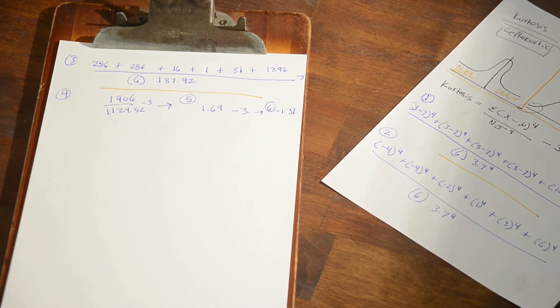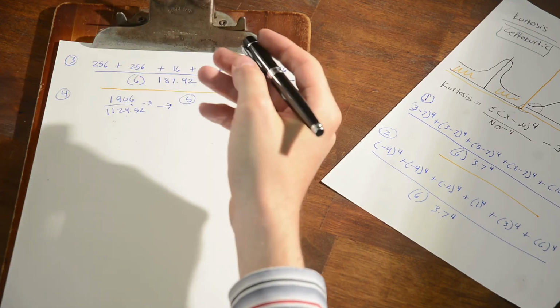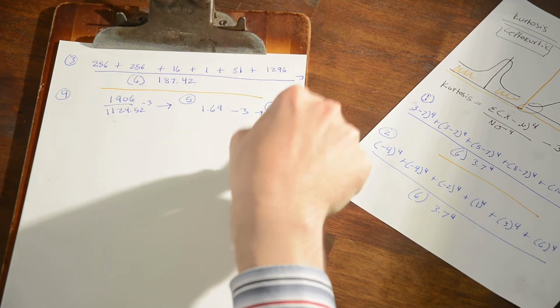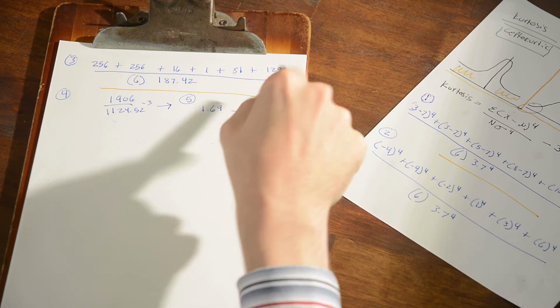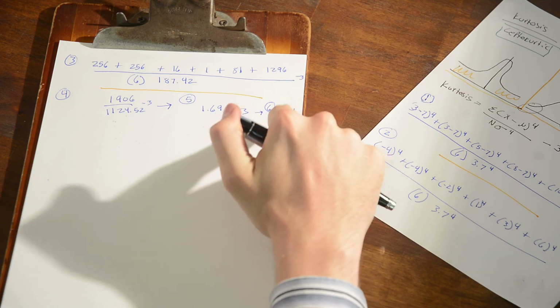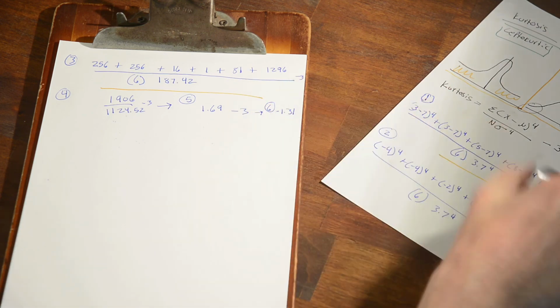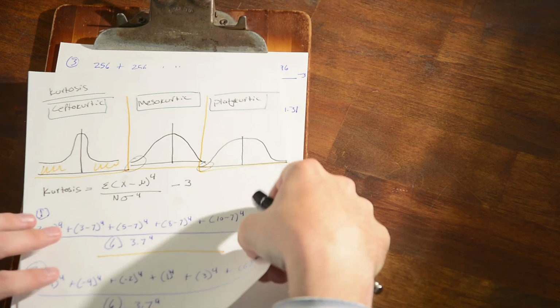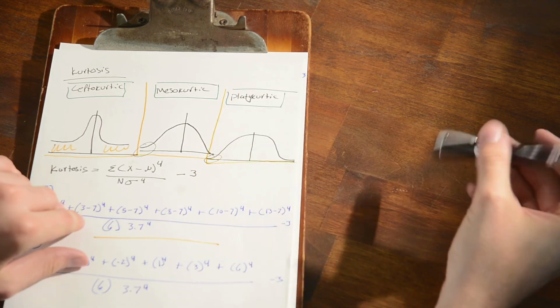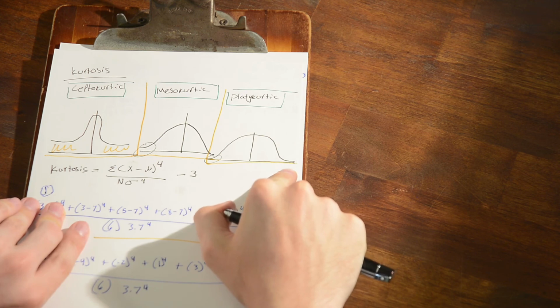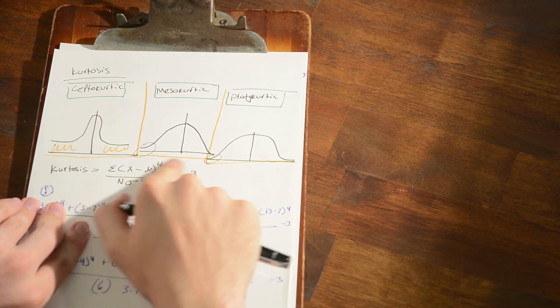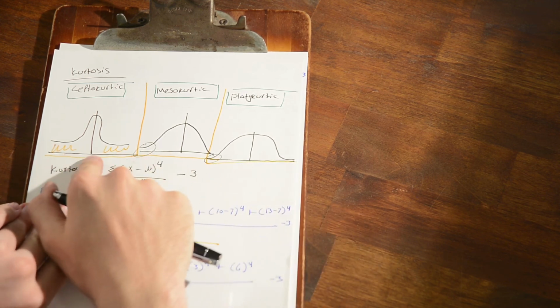So what does this mean? Well, when we're talking about the outcome of this calculation, we know that a positive number is telling us that we have a leptokurtic distribution, while a negative number tells us we have a platykurtic distribution. So if we come over here, this is telling us that we have smaller tails than a mesokurtic distribution or a leptokurtic distribution.